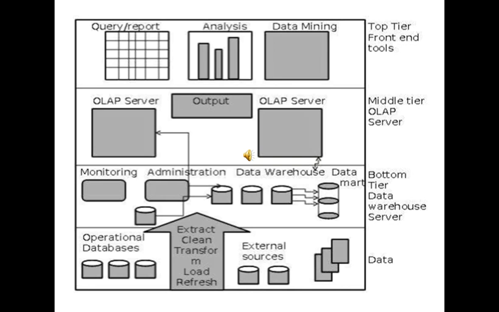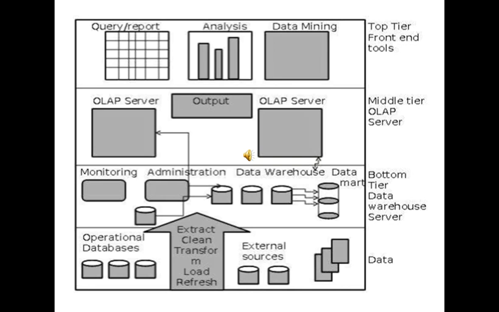Now coming to the middle layer, we have the OLAP server. The OLAP server is used to extract the information as output and push the data up to the top layer. Inside the top layer, we have data mining tools, analysis of your data, the queries and the reports.